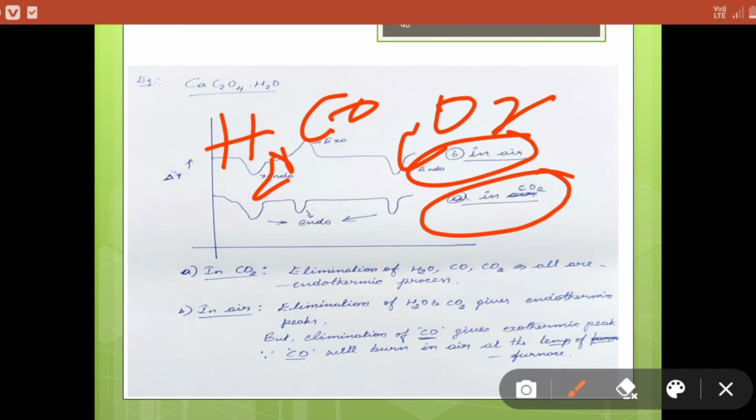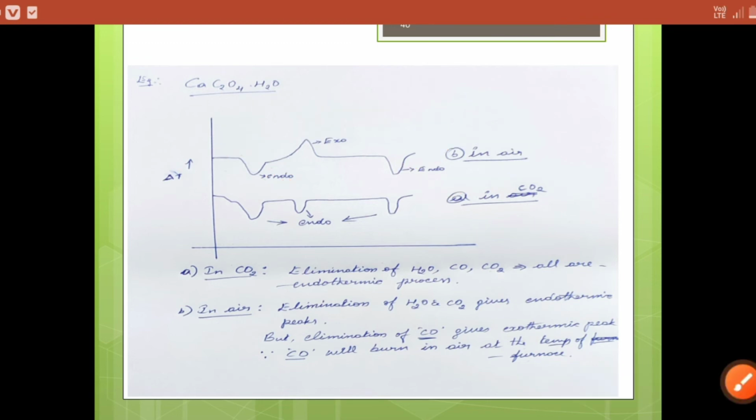The CO step in air is an exothermic reaction, but in the atmosphere of CO2, it is endothermic. Elimination of water, CO and CO2 are all endothermic processes in CO2. But in air, elimination of water and CO2 gives an endothermic process, while the elimination of CO gives an exothermic one. CO will burn in air at the furnace temperature. This is the effect of environment.